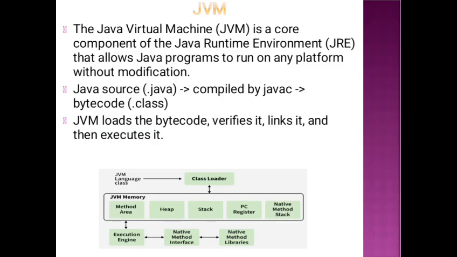Here the compiler translates a high level Java program to bytecode. It is not machine code. Machine code and bytecode are different. Bytecode contains some symbols, whereas machine code is in the form of 0s and 1s combination.